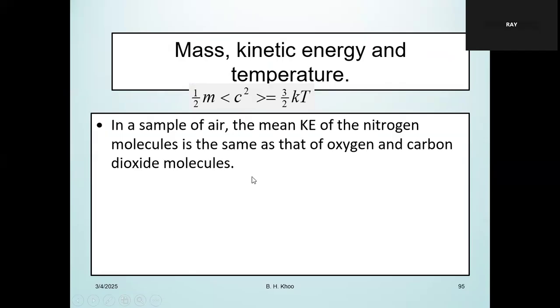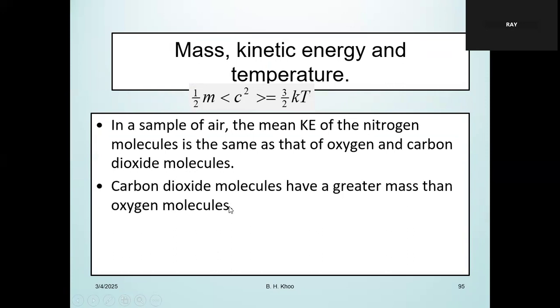In a sample of air, the kinetic energy of a nitrogen molecule is the same as the kinetic energy of oxygen and carbon dioxide, right? Because all are determined by temperature. If they have the same temperature, they have the same kinetic energy.